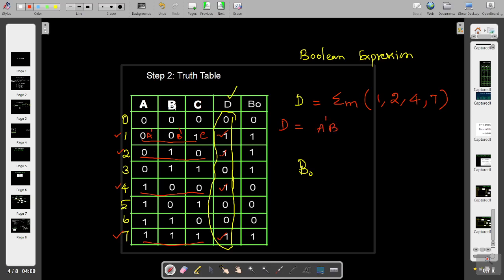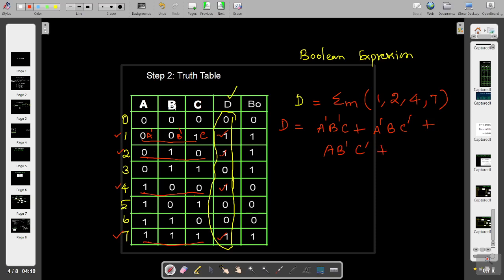So this is A bar, B bar, C. For the combination 2, it is 0 1 0. So A bar, B, C bar, plus for 4 it is 1 0 0. That means it is A, B bar, C bar, and then for the last one is 7.